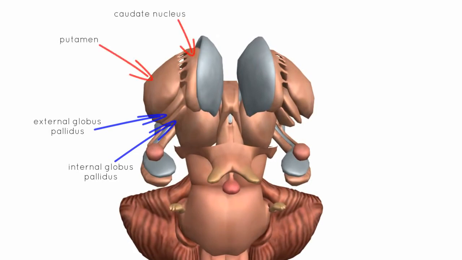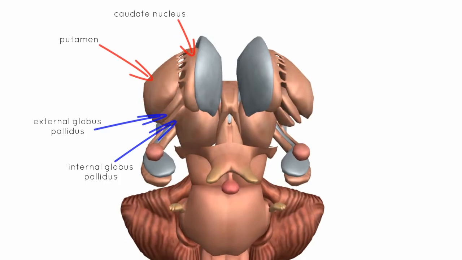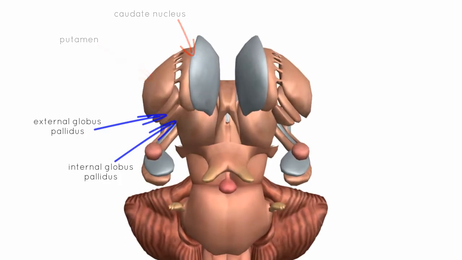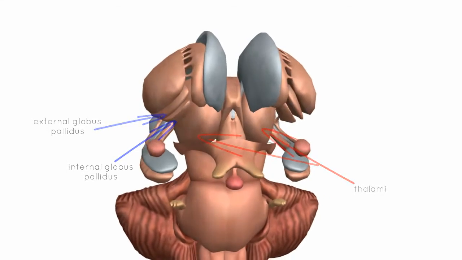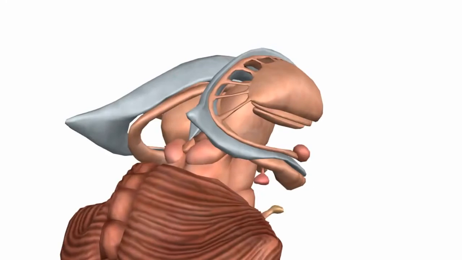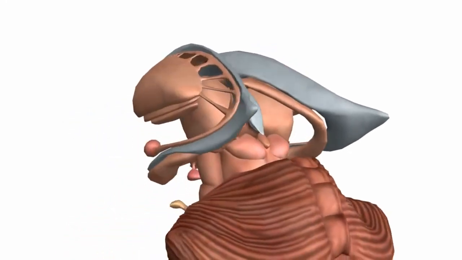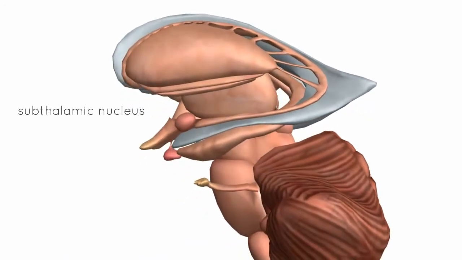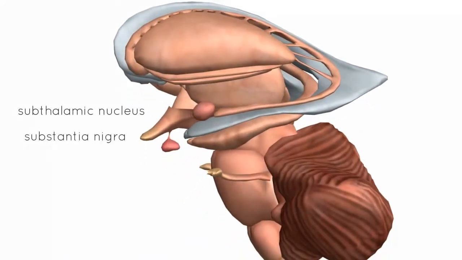And from this anterior view, you can see structures from the diencephalon, the thalami. These sit medial to the globus pallidus. There are also two other components of the basal ganglia, the subthalamic nucleus and the substantia nigra, which I'll show you in another tutorial.